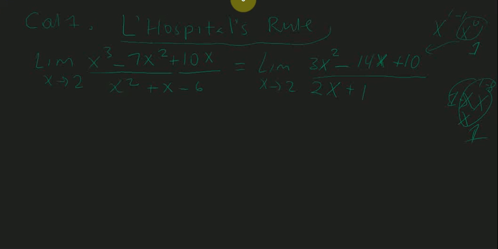So now this is what we have. Now we can do the limit, because we applied L'Hospital's rule to this expression. L'Hospital's rule, okay? So now we can take the limit. So what do we have?